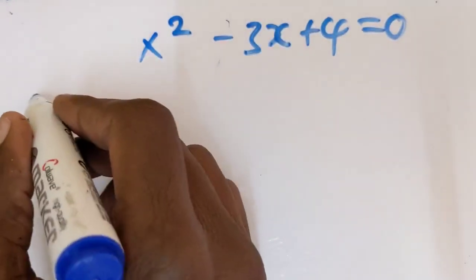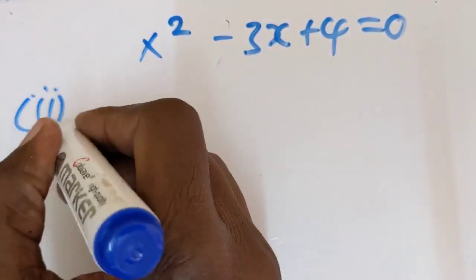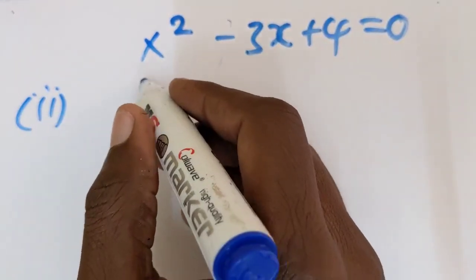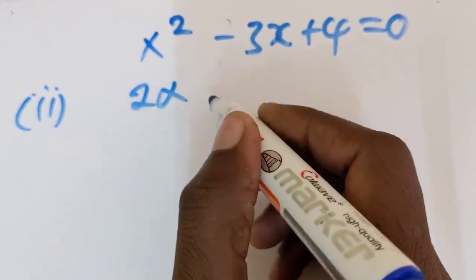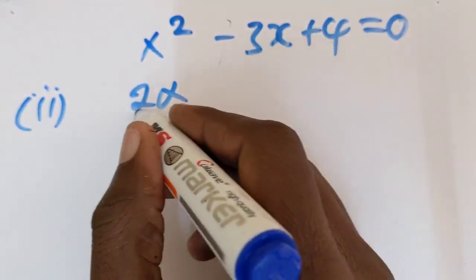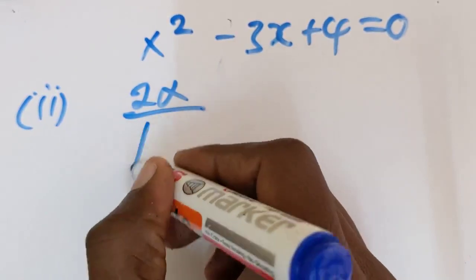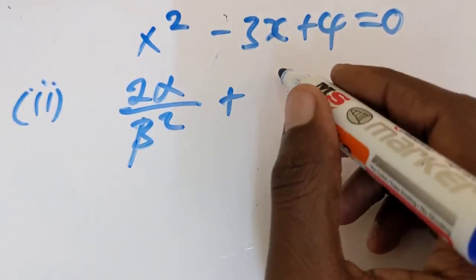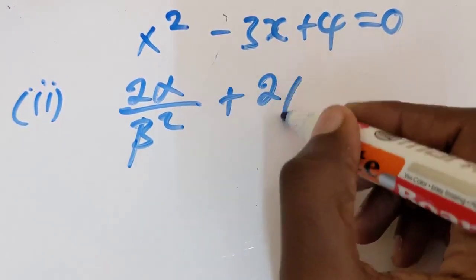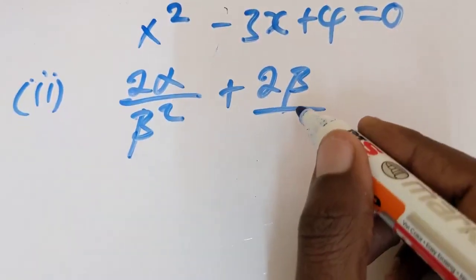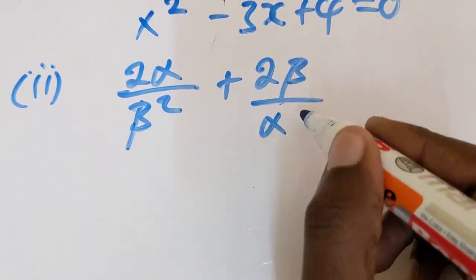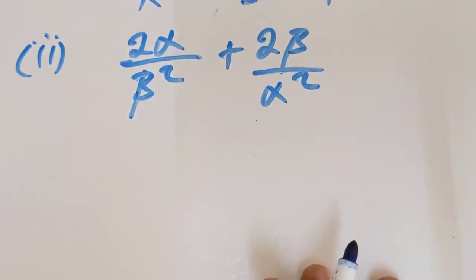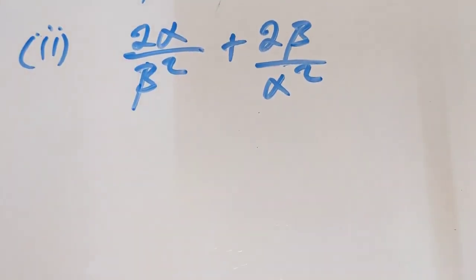So now the question is that we should find the value of 2 alpha over beta squared plus 2 beta over alpha squared, like that. So we need to find the value of this.